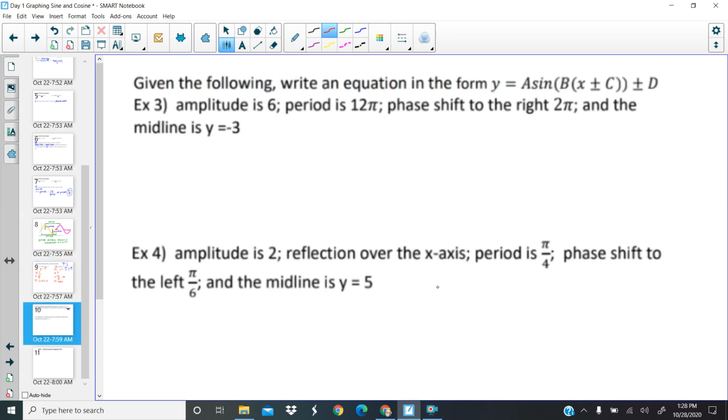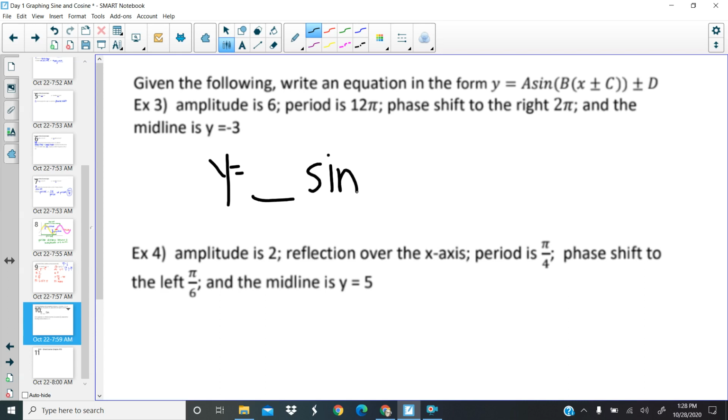So the last thing I want to do is try to write some equations given the information. For our first one, I'm going to write out the equation with blanks in it first. So I'm going to have y equals a times, and it's telling you it's a sine equation that it wants you to write.